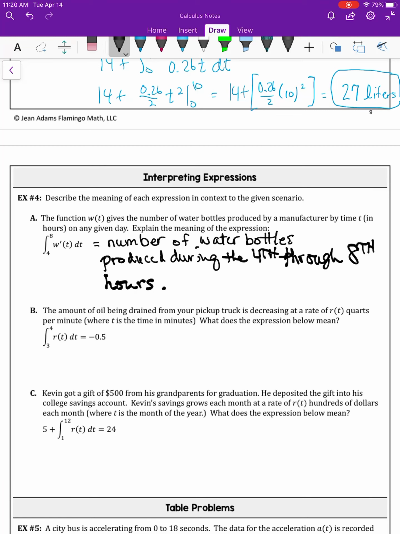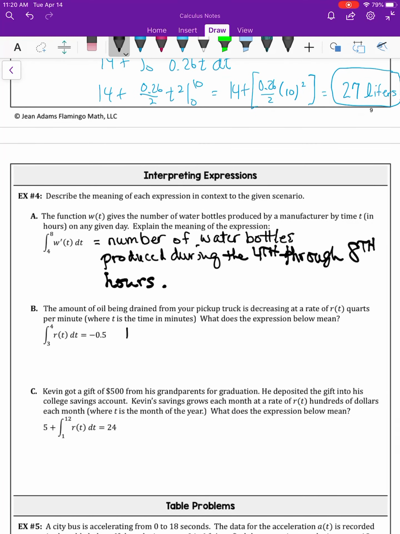Okay, so the amount of oil being drained from your pickup truck is decreasing at a rate of R of t quarts per minute, where t is the time in minutes. What does the expression below mean? So the integral from 3 to 4 of that rate is equal to negative 0.5. And if we're integrating a rate of quarts per minute, this is going to give us the number of quarts.